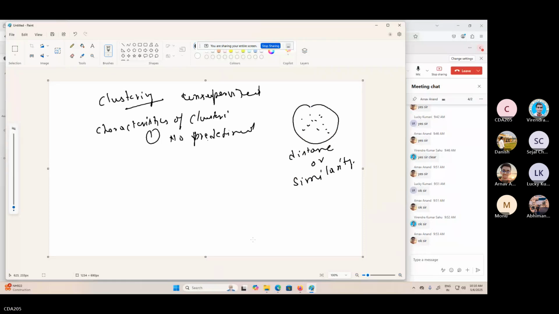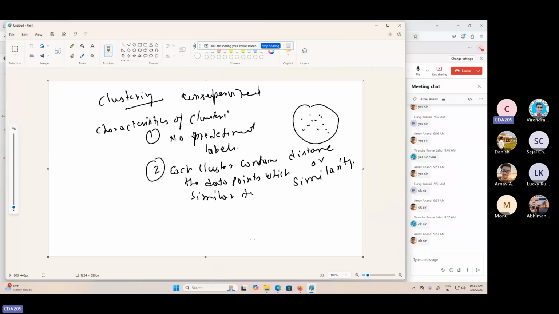Second one, each cluster contains data points which are similar to each other. When we say similar to each other, it means the distance will be less.